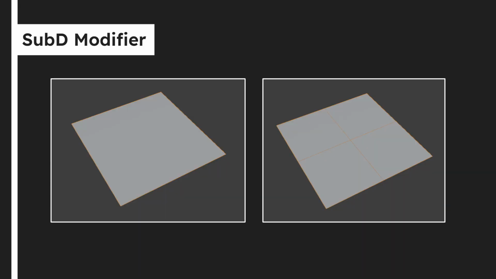What does subdivision actually do? Well, just like the title card insinuated, it turns one face into 4 faces. Very simple. And it's going to do this for every single face that you have. So I applied a subdivision modifier to this, but you'll notice if you make a plane and you apply a subdivision modifier, you won't end up with this. You'll end up with this funky looking circle. I can do it right now to show you.